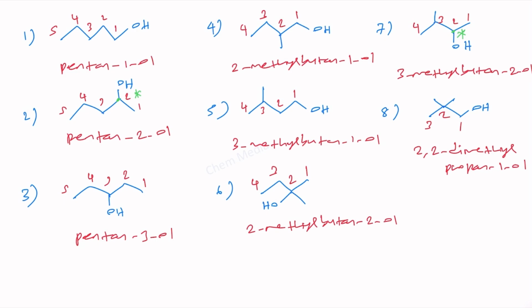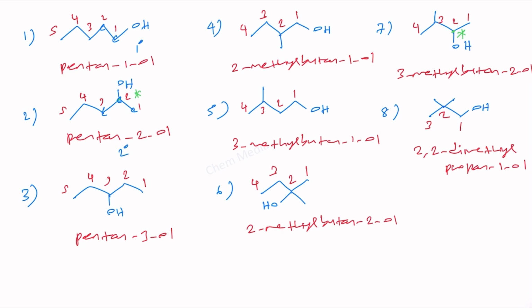So in the case of pentane 1-ol, this is a primary alcohol because the carbon atom bearing the OH group is directly connected to only one carbon, and therefore this is a primary alcohol. In the case of pentane 2-ol, the carbon atom bearing the OH is directly connected to two other carbons, and therefore this is a secondary alcohol.